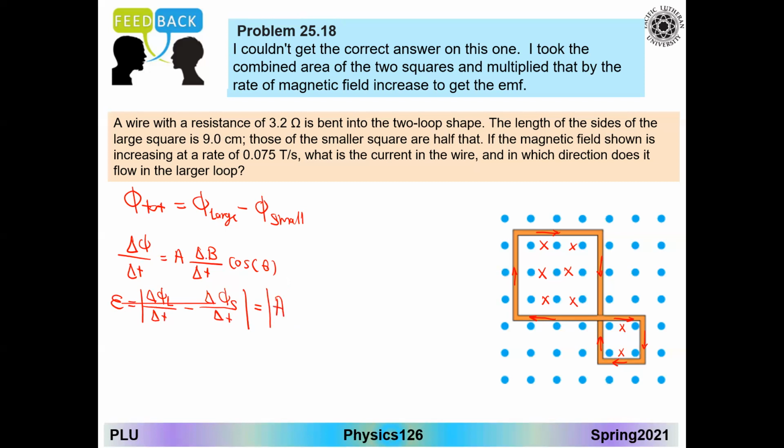That is the area of the large loop times delta B for the large loop, minus the area of the small loop times delta B, since both of them are the same. The only difference here is that we have different areas.